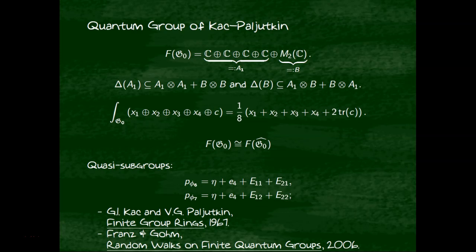The smallest quantum group that is not commutative, so it's not the algebra of functions on a finite group, and not co-commutative, so it's not the dual of an algebra of functions on a finite group, is the finite quantum group of Kac-Paljutkin. It's 8-dimensional.